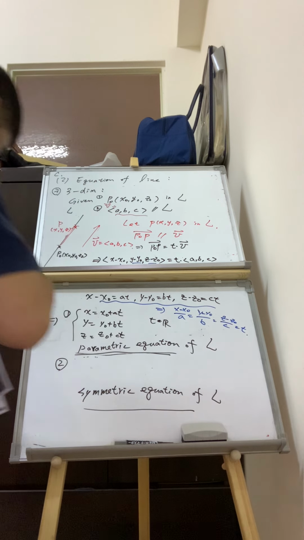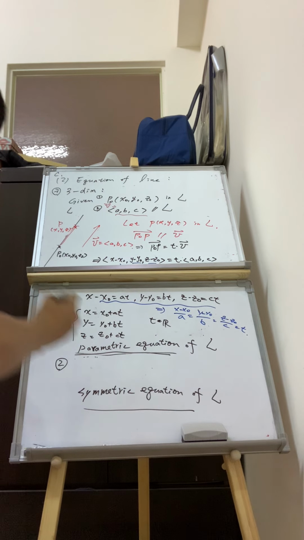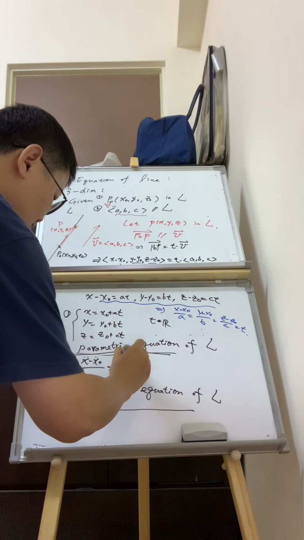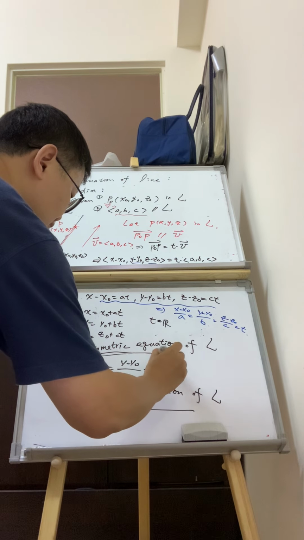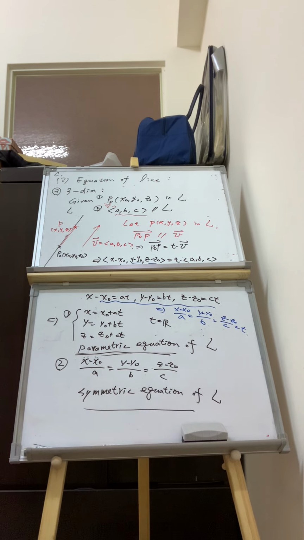All of them equal t. So for the symmetric equation, we skip the t. So we just have this one: (x subtract x0) over a, (y subtract y0) over b, (z subtract z0) over c.